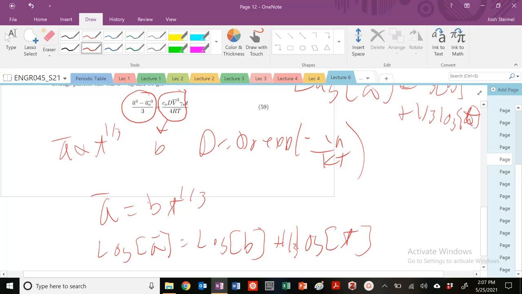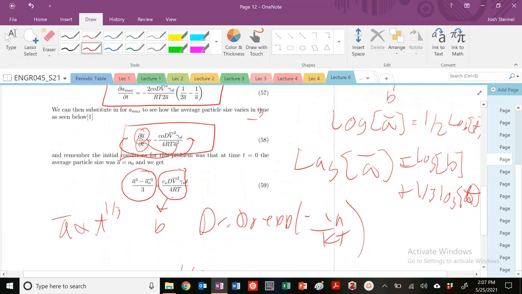If I'm looking at a plot of this versus this, with this being my x, my slope is going to be 1/3, and my y-intercept is going to be controlled by this right here. So this is a constant, this is a constant. So I'm basically controlled by d over t.